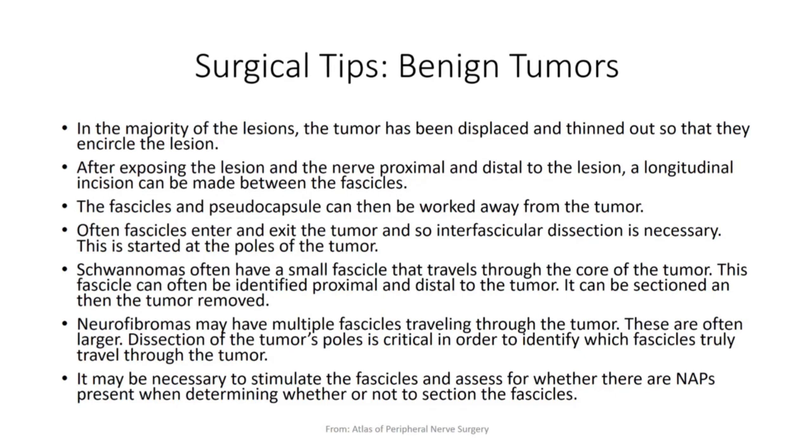And so there's this idea of a pseudocapsule around the true capsule of a schwannoma that contains these neural elements. There have been some studies looking at how much nerve tumor is actually involved or left over in the pseudocapsule on histological evaluation, and it's very minimal. And leaving this pseudocapsule does not seem to predispose to recurrence. And so the pseudocapsule can be left. It can protect the transient fascicles.